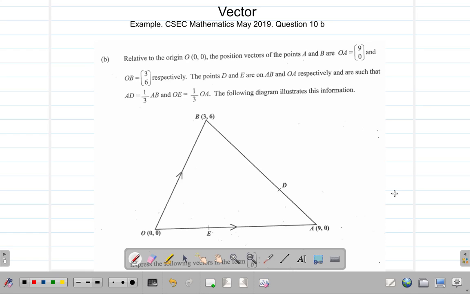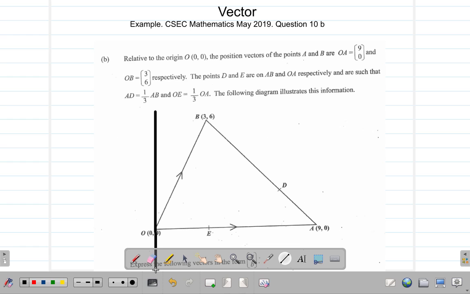Example of a vector. This is from the May 2019 CSEC Mathematics paper, question 10b. Relative to the origin O. What that means is you have your x and y axis.